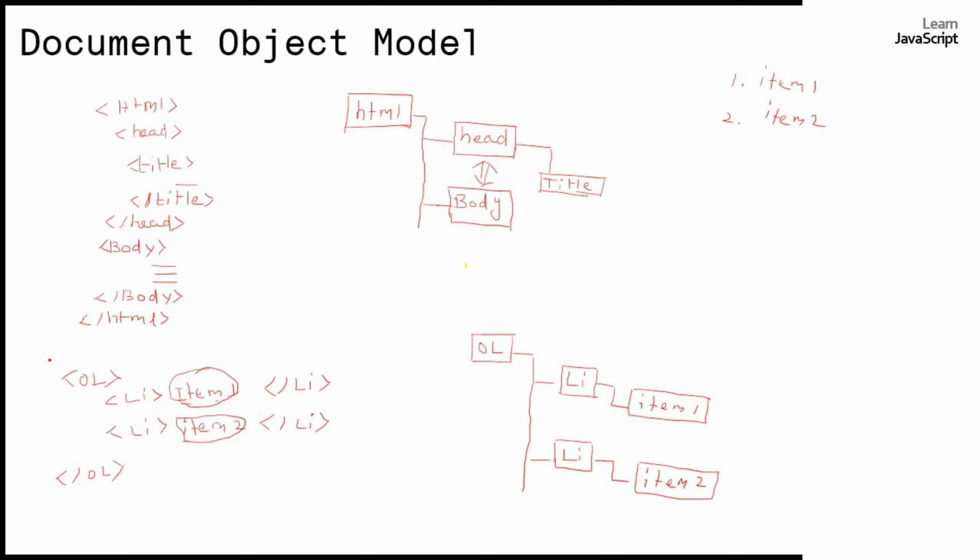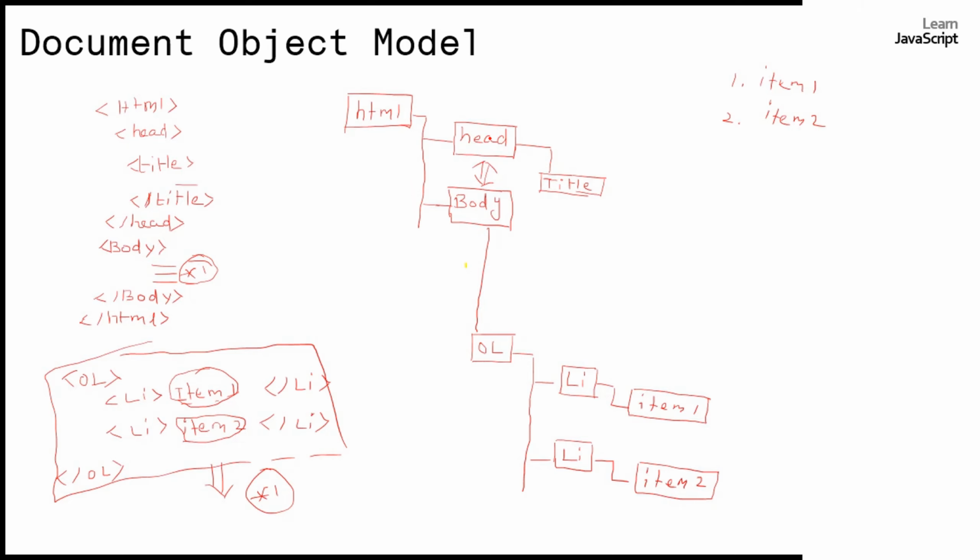And if we say that this ordered list is present inside this body tag, then this OL is a child of this body.